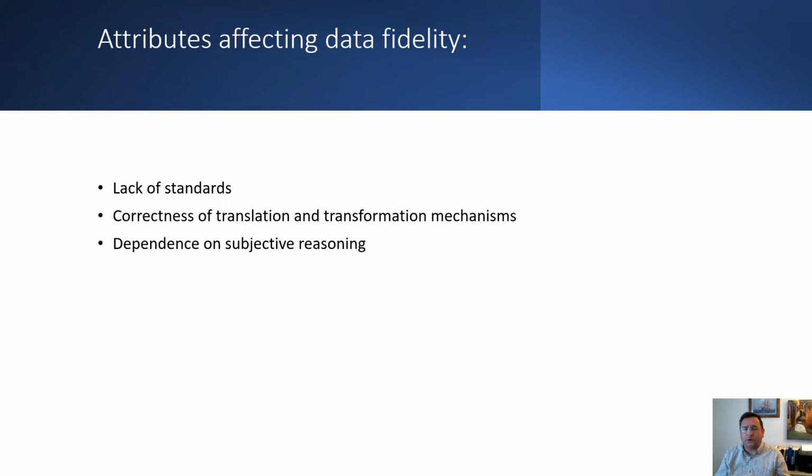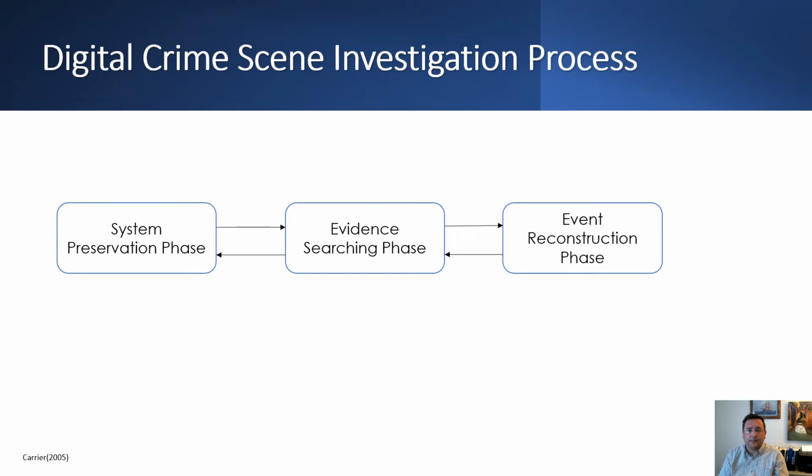And correctness of translation and transformation mechanisms is important, and dependence on subjective reasoning is also important to understand data fidelity. The digital crime scene investigation process actually has three main steps.